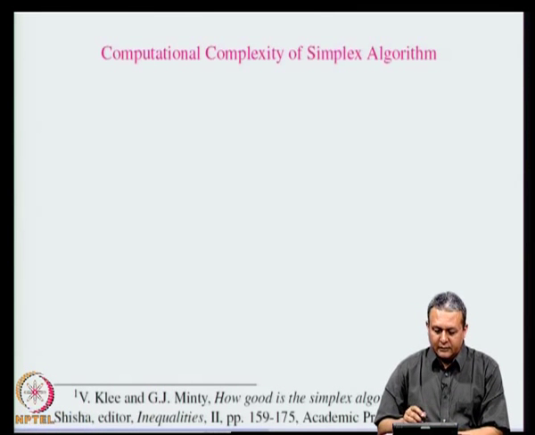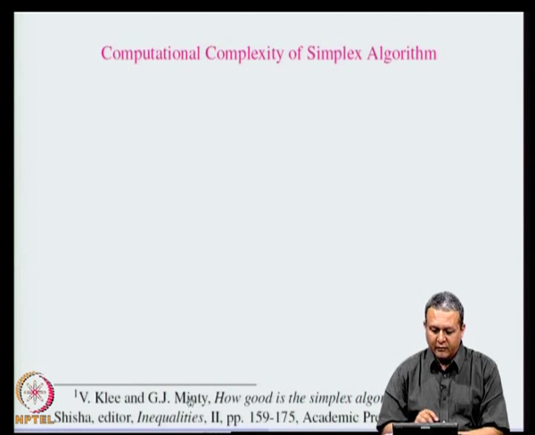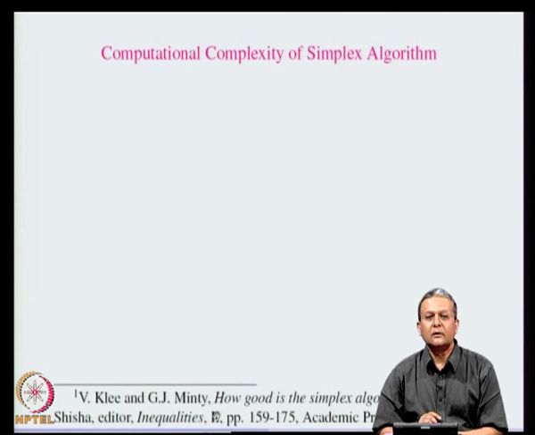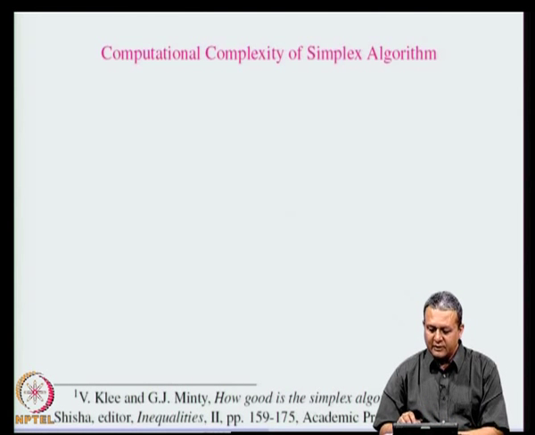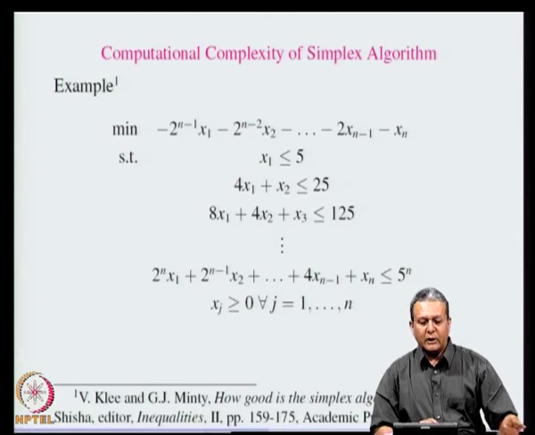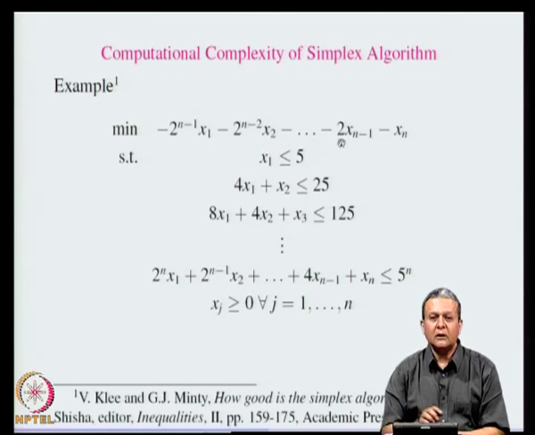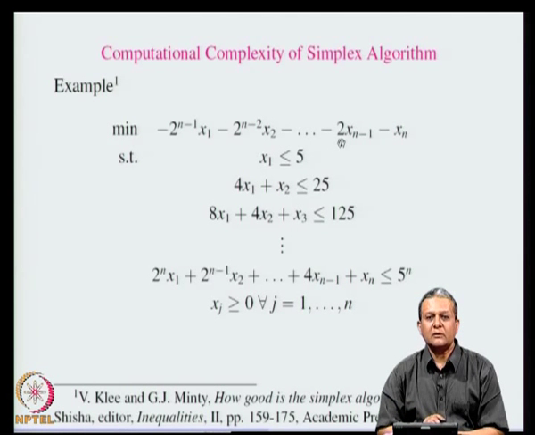As I mentioned, in 1971 Klee and Minty wrote a paper on the goodness of the simplex algorithm. The title of the paper is "How Good is the Simplex Algorithm," and in particular they gave this example to minimize a linear optimization function subject to the constraints.